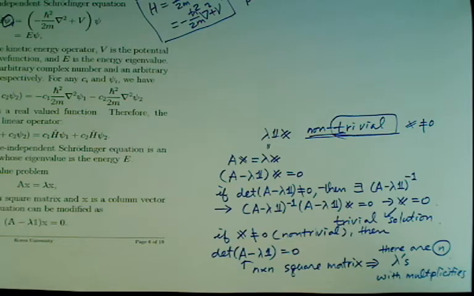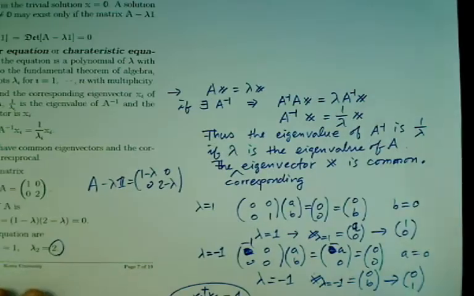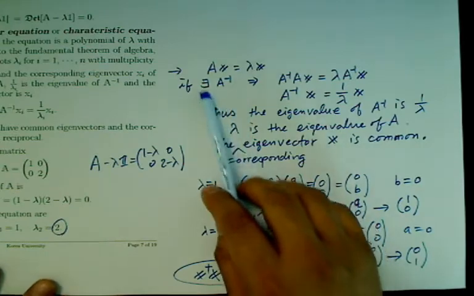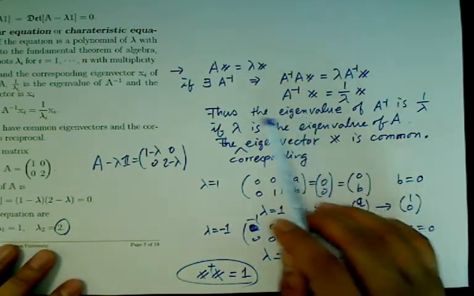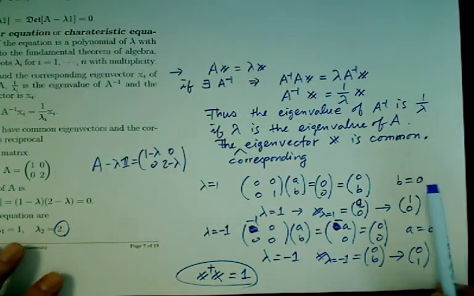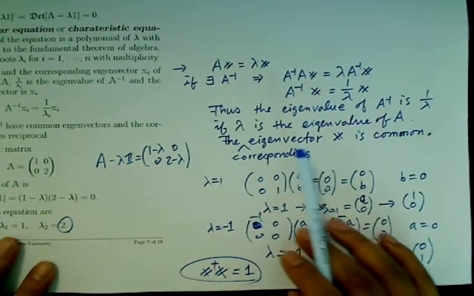But we should find that if the matrix A is Hermitian, the eigenvalues are all real. We can also find that the inverse matrix has a common eigenvector, but the eigenvalue is 1 over lambda. So you can follow this in a trivial way.